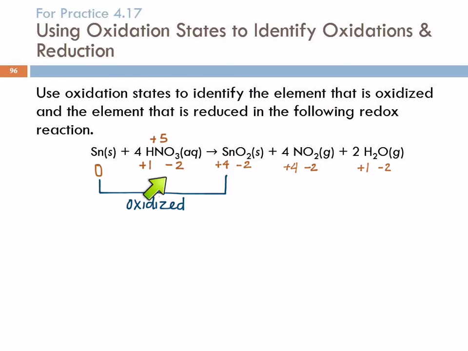Hydrogen is plus 1 here, is plus 1 there. Nothing happened to the hydrogen. The oxygen, minus 2, minus 2, minus 2, minus 2. The oxygen didn't change. What did change? The nitrogen. And the nitrogen's oxidation state did what? It went down. It decreased. It was reduced. So the nitrogen is reduced. Any questions?